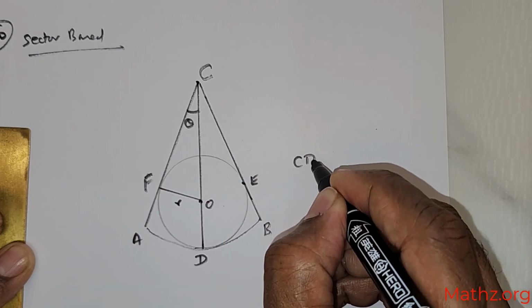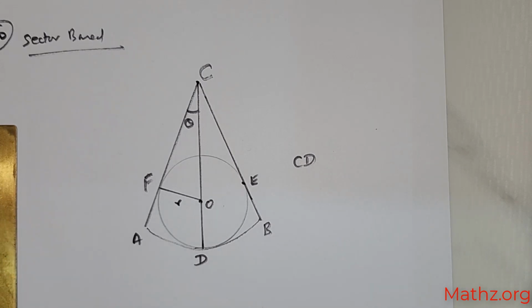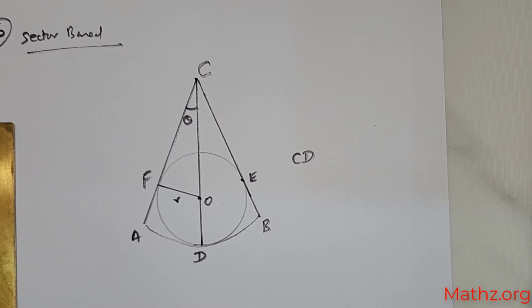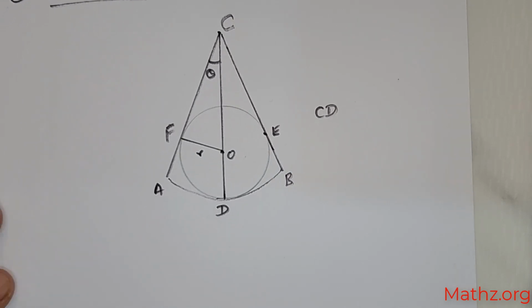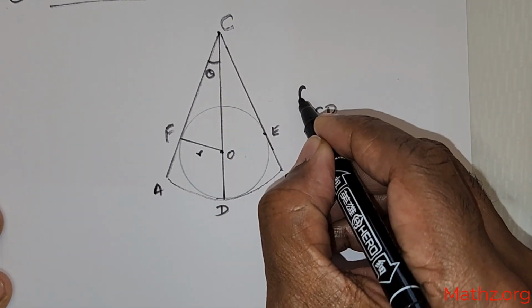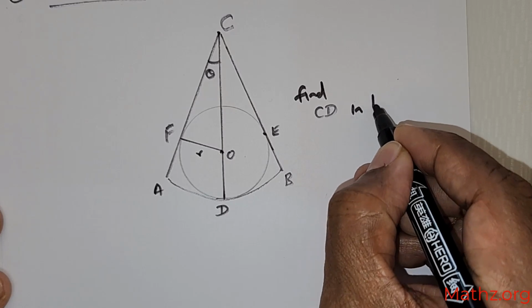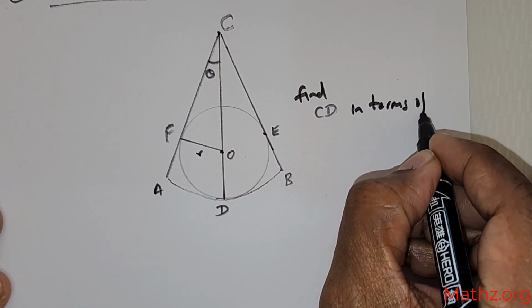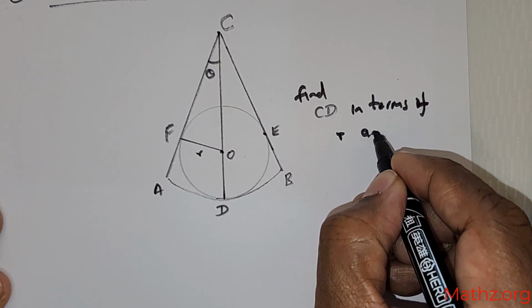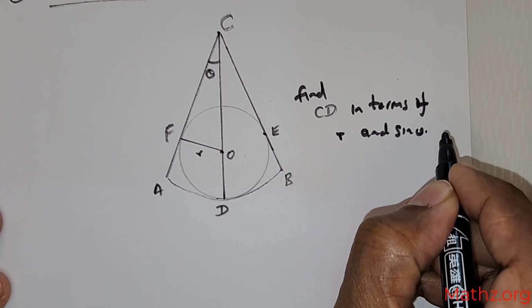Now we are asked to get CD. Okay, with this information, let me write this. Find CD in terms of R and sine theta.